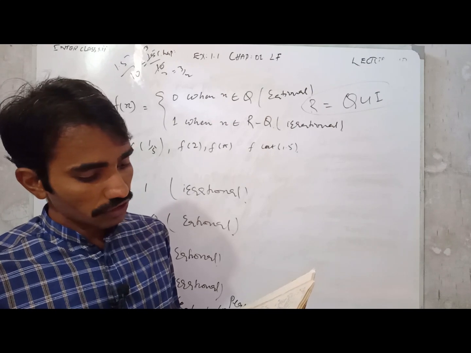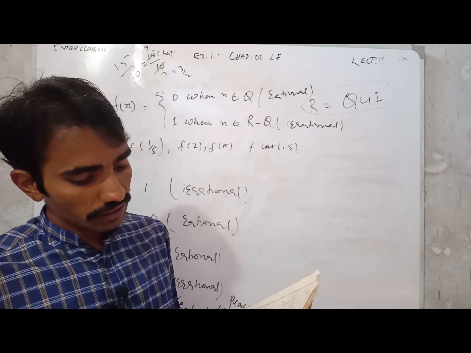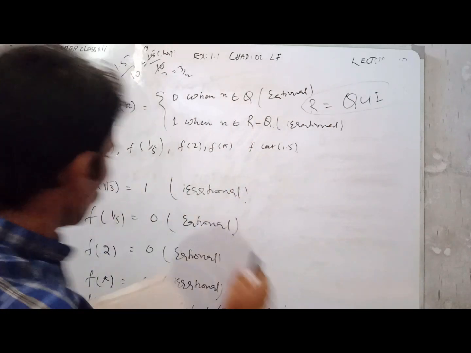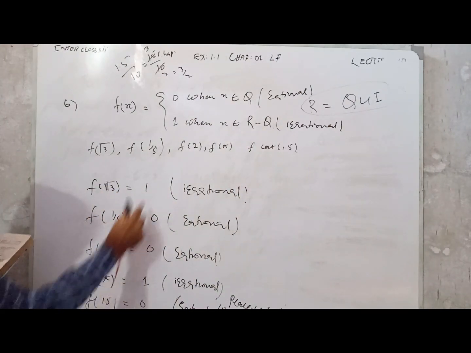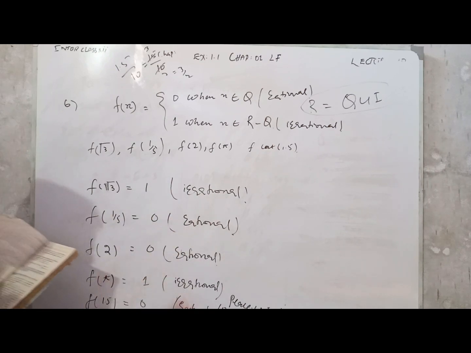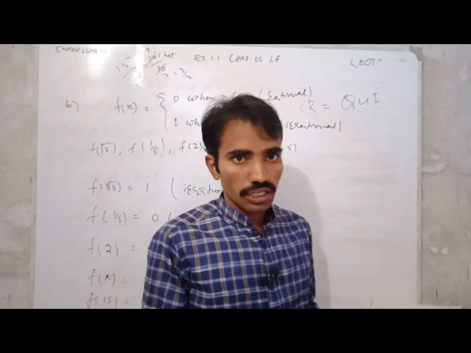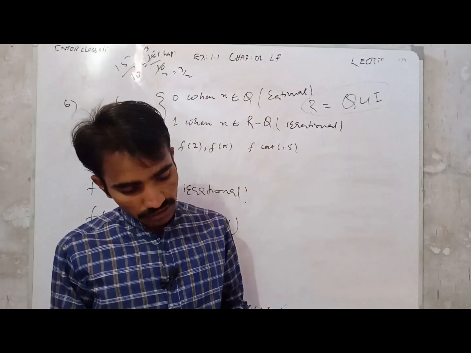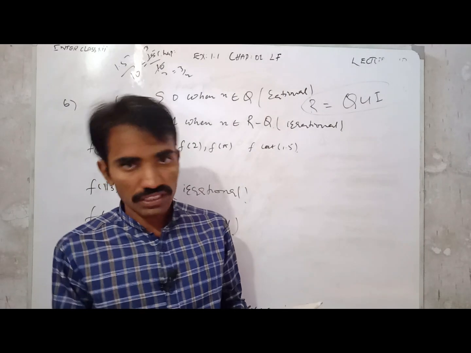Later on, question number 8: prove that the function in question number 6 is neither one-one nor onto. Also find the range. This is the domain and this is the range. You can separate the domain and range. Later on you also prove whether it is a one-one function or onto function, or neither one-one nor onto.